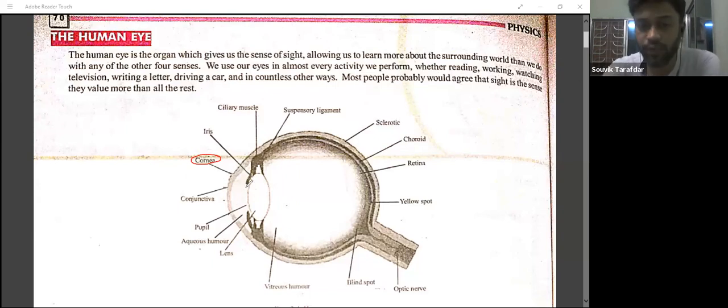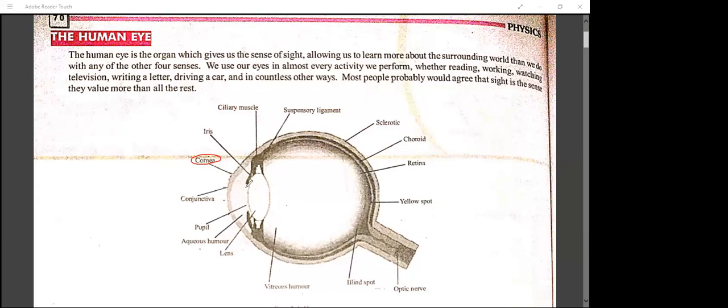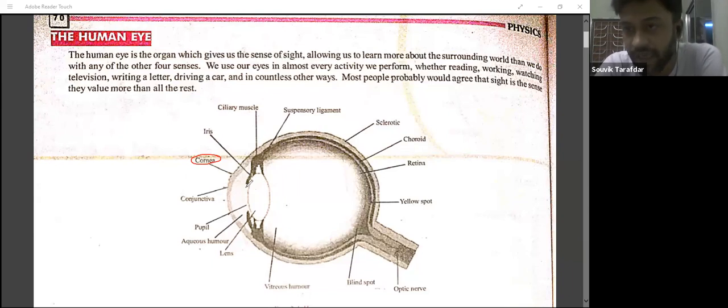Now let me tell you about the characteristics of the cornea. Have you heard about eye donation? After we die, if we arrange it beforehand, we can donate our eyes.